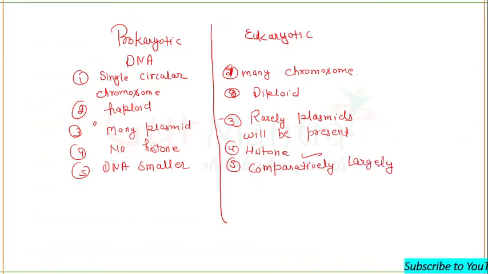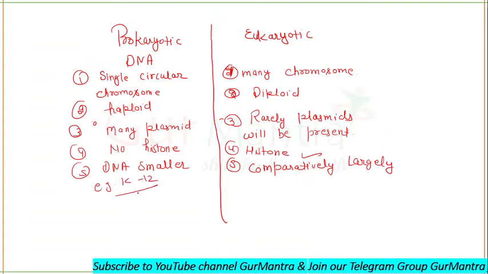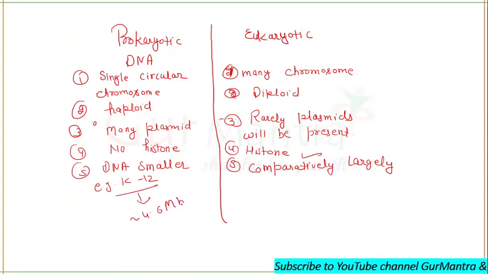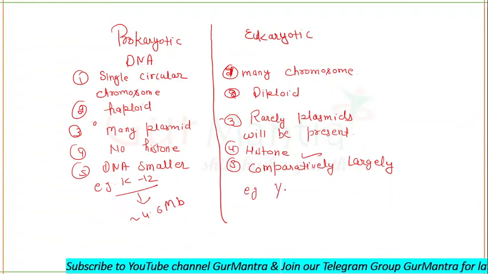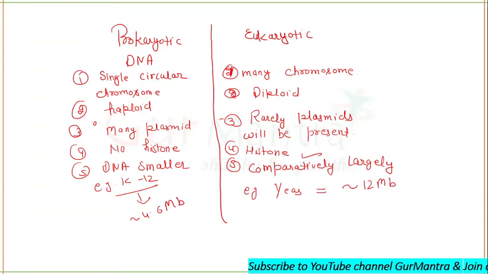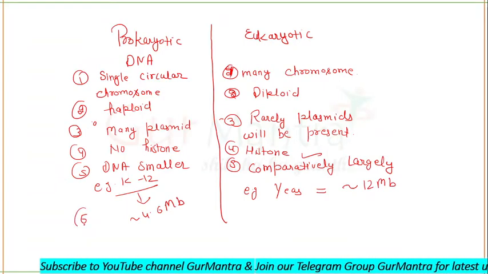Fine. If we talk about K12, I'm giving you an example. K12 is the DNA of E. coli, the chromosome of E. coli, and it is roughly 4.6 MB. And if we talk about yeast, yeast has a genome of approximately 12 MB. You understand? Prokaryotes have very little non-coding region.